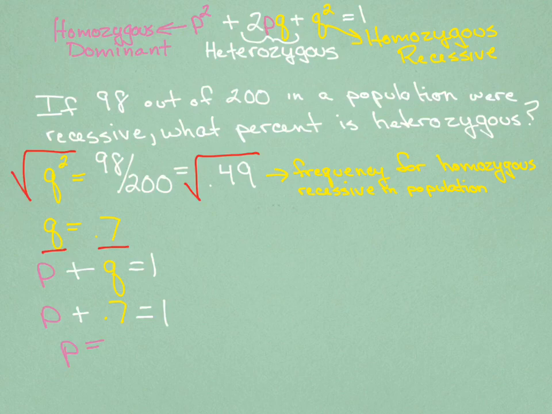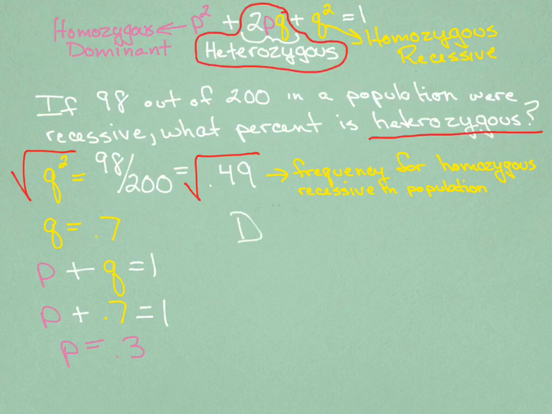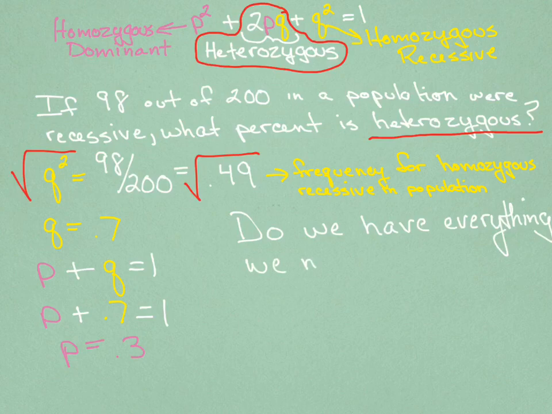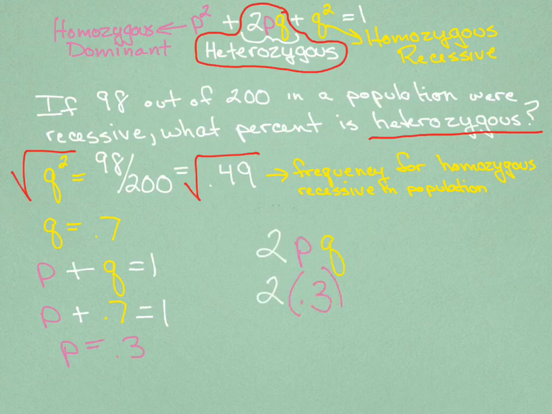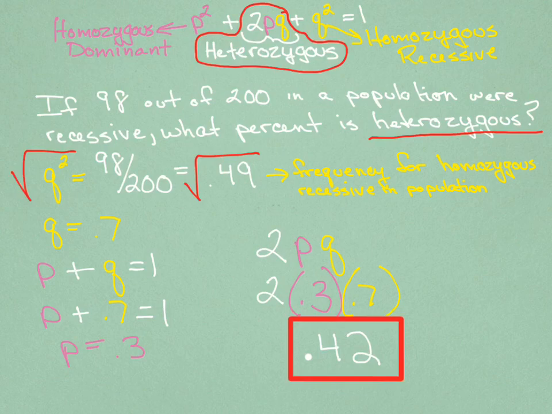P must equal 0.3. So now we've got Q, we've got P. We can solve for the heterozygous individuals in this population. Do we have everything we need to solve it? Yes, we do. So 2 times P times Q, plug in what we know, and it's 0.42. Okay?